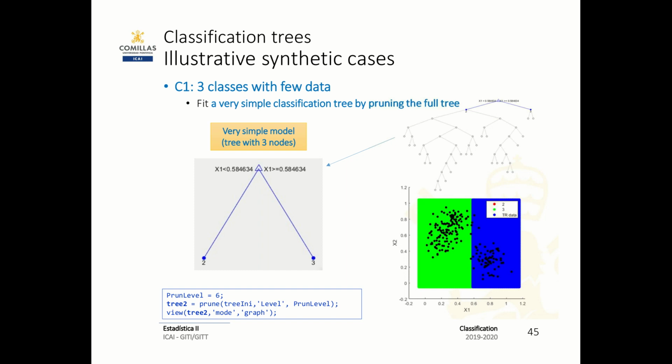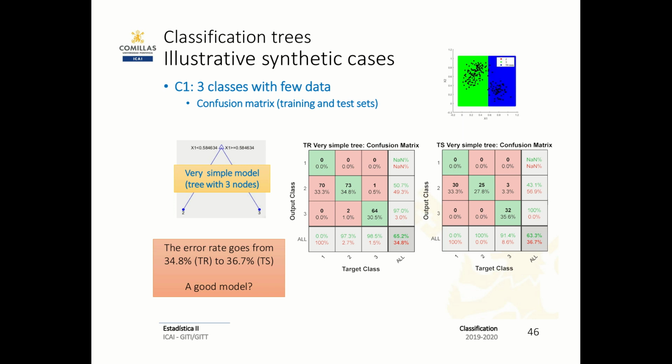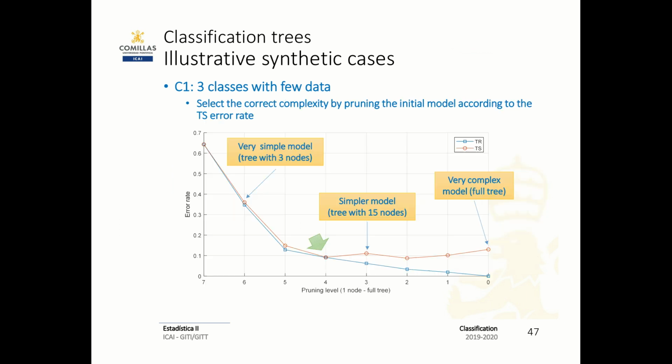We have the prune level 6, so we only keep the first subdivision, and this is the split of the partition of the input space that we are inducing, and then we have a 34 or 35% error in the training, 37 in the test. So this is way too incorrect. This classification is not really good.